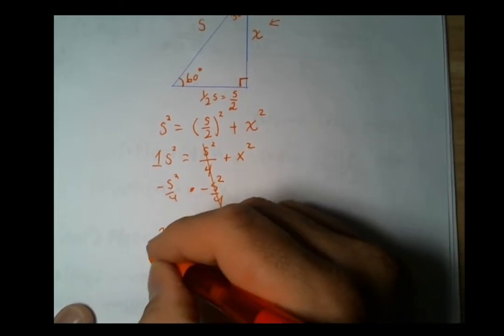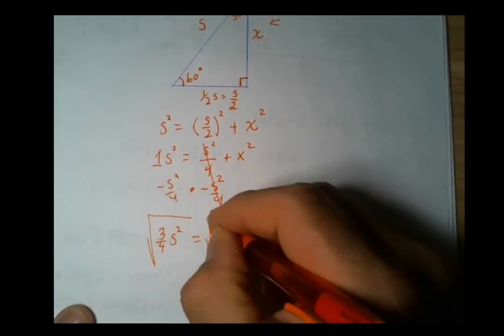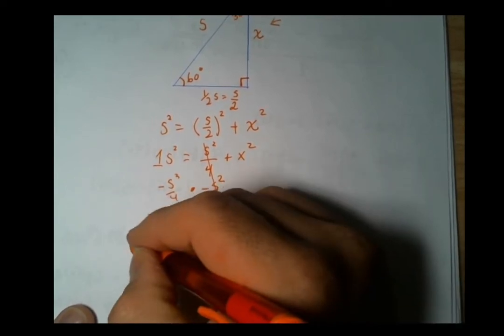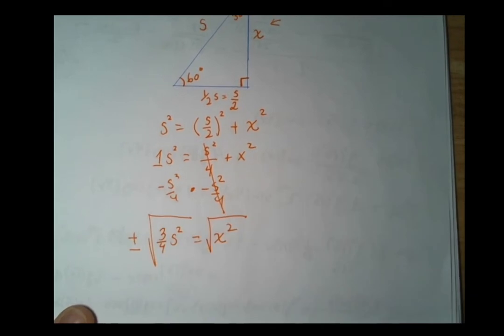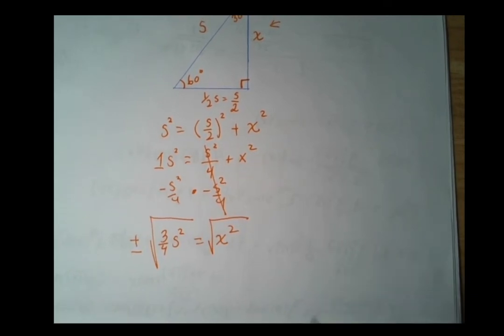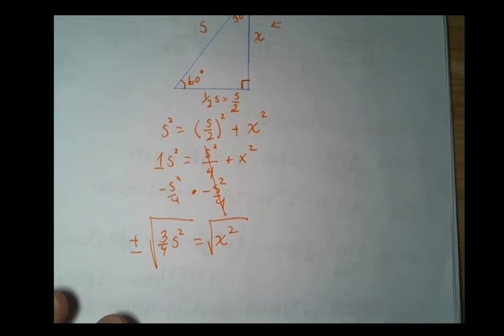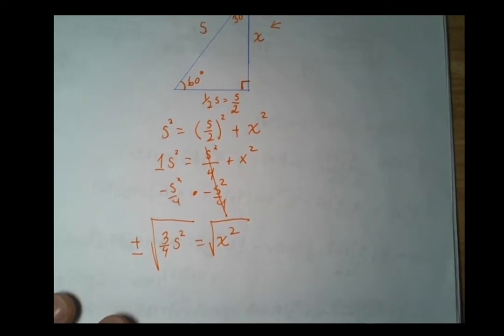Now we take the square root. When we take the square root of a square, usually we want to write plus or minus. But since we're dealing with lengths in a geometric figure, the natural choice would be the positive, since we're not considering negative lengths. Once we have put things in our coordinate system, then a plus minus would make sense, but here it's simply plus.